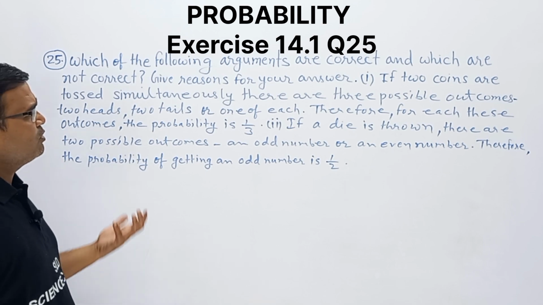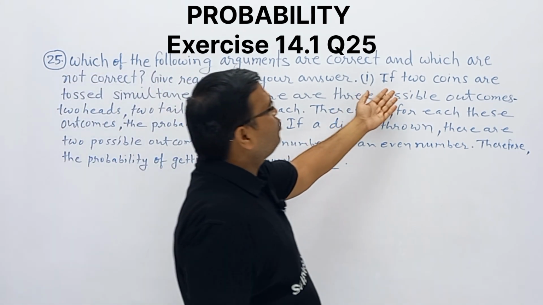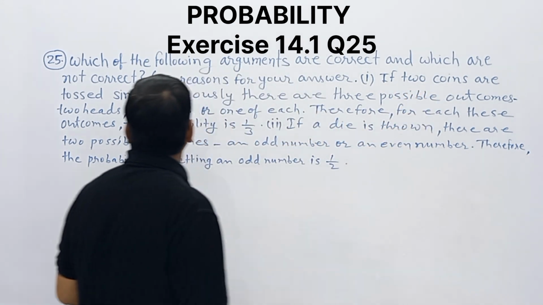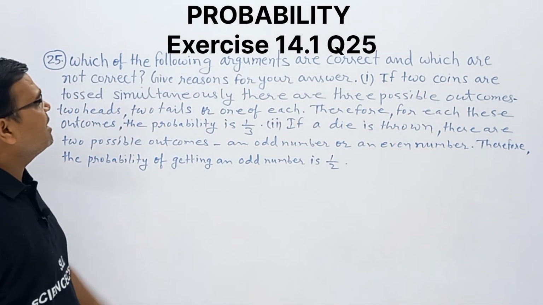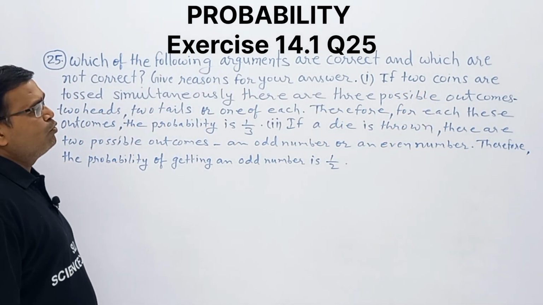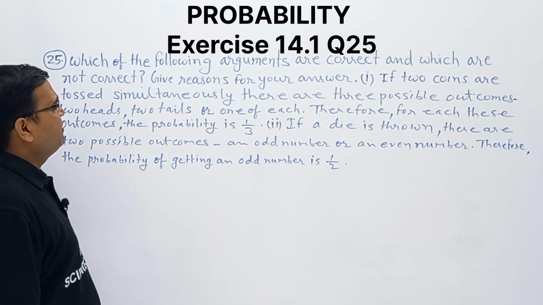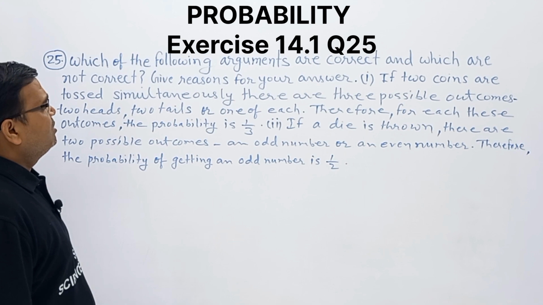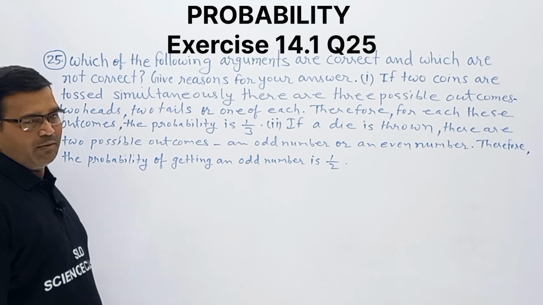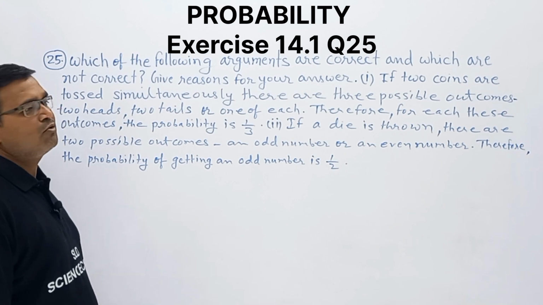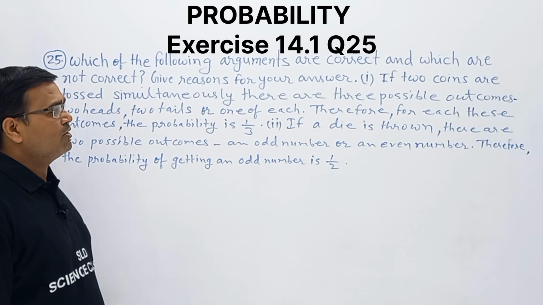So first question I am taking: if two coins are tossed simultaneously, there are three possible outcomes. This is not correct. Observe the question.